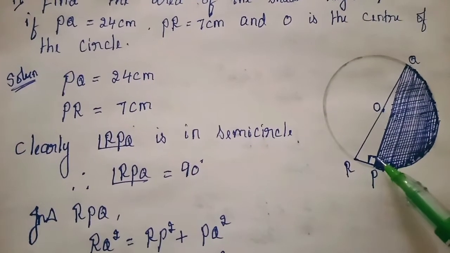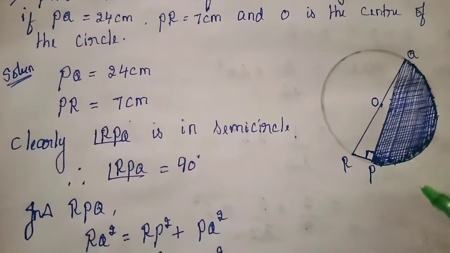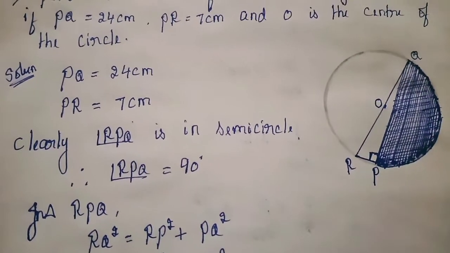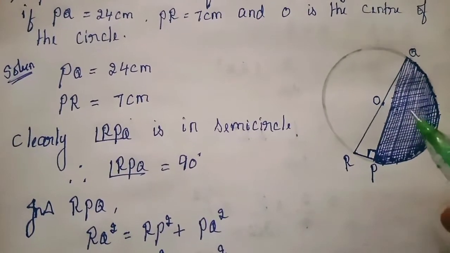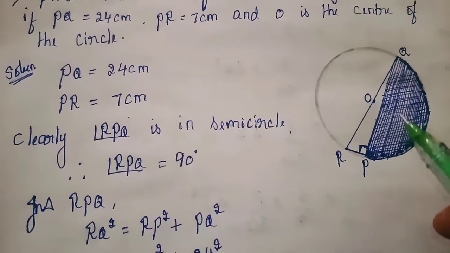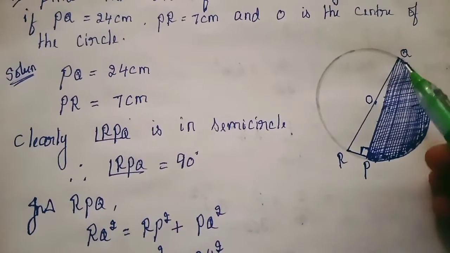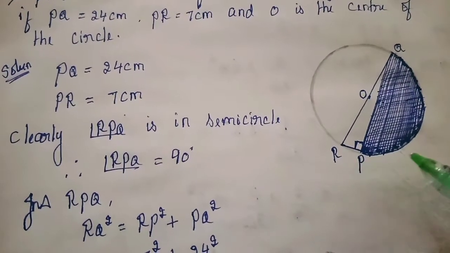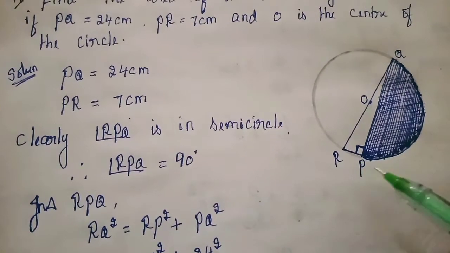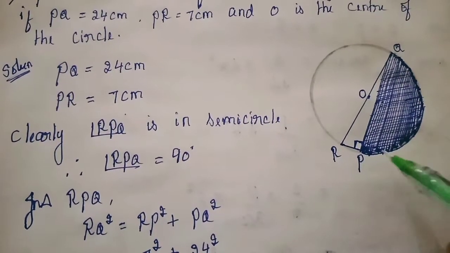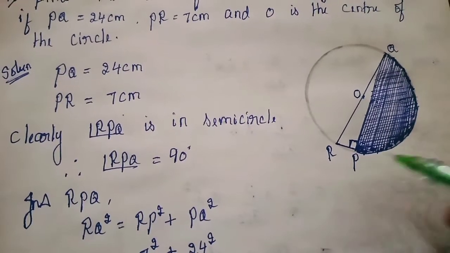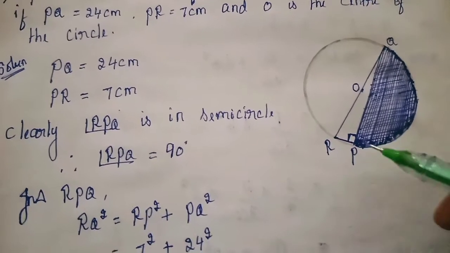And why is it 90 degree? Can anyone guess why angle RPQ is 90 degree? This concept you have learned already in 9th standard: when RQ is a diameter, this portion becomes a semicircle, and wherever you draw an angle in the semicircle, all the angles will be 90 degree.